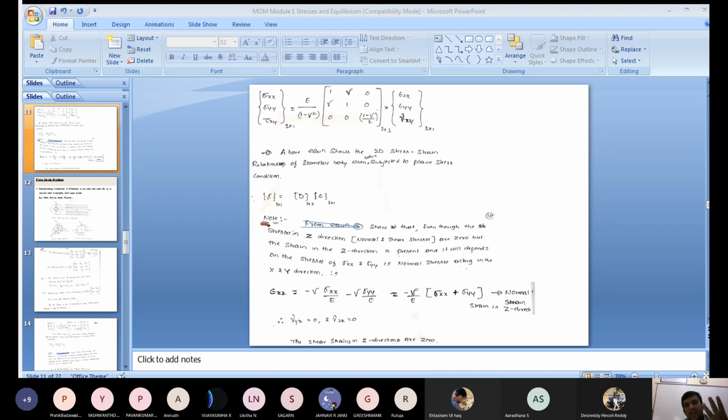Only 3 stresses are acting: 2 normal stresses and 1 shear stress. One normal stress acts along the x-axis, another normal stress acts along the y-axis, and the combination of both gives the shear stress. For a two-dimensional object, a total of 3 stress components are acting. Similarly, for those 3 stress components, 3 strain components will come.